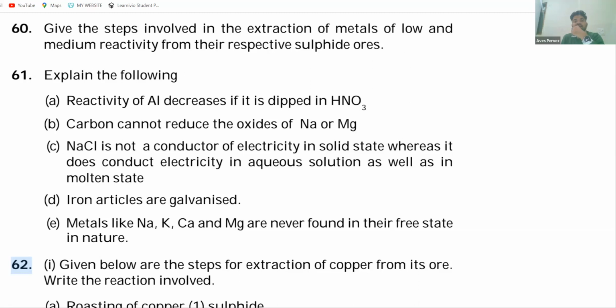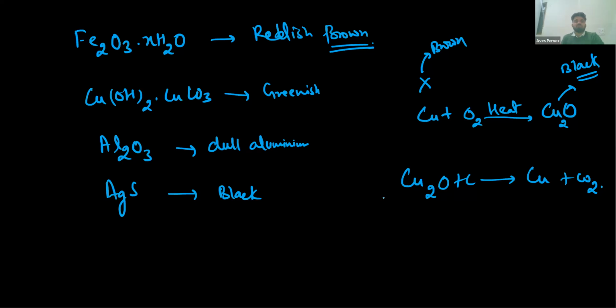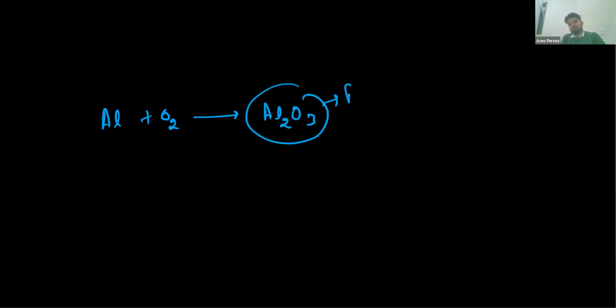Okay, and it will form aluminium oxide, and aluminium oxide is actually protective. So let me do it here: when aluminium reacts with atmospheric gases, it forms Al2O3, and it acts as a protective layer which does not allow the aluminium to react further.